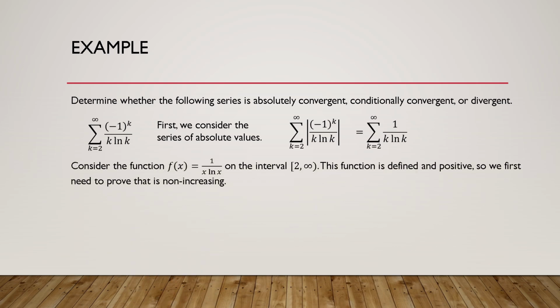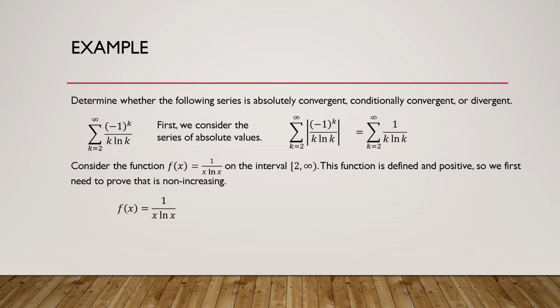If we consider the function f of x equal to 1 over x times the natural log of x on the interval from 2 to infinity, the function is both defined and positive. So we need to determine if it is non-increasing. We can do this by taking the derivative of the original function.